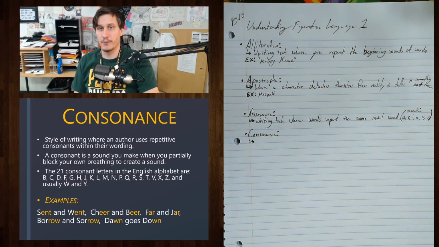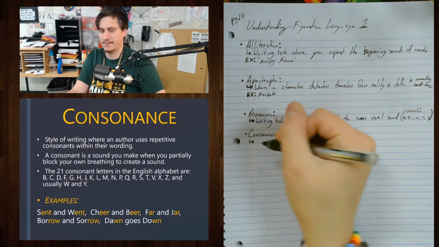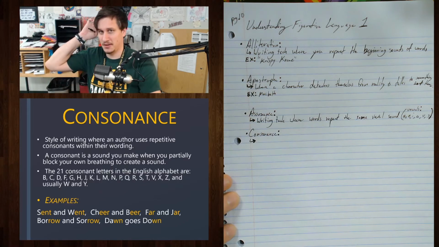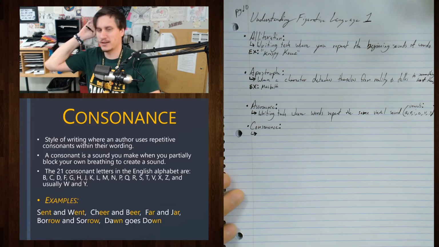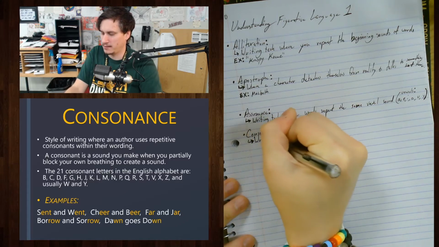But if I say b or k or d or f or j, I have to stop my breathing mid-breath in order to make that sharp sound, or like p or s, things like that. That's called phonics, kids. If you didn't learn phonics as a kid, you might be at a disadvantage, just a little bit, okay?